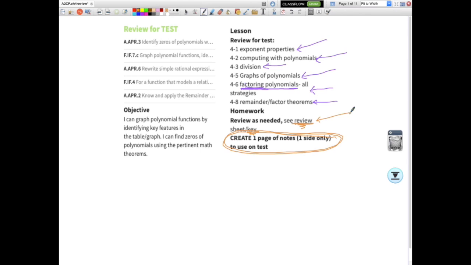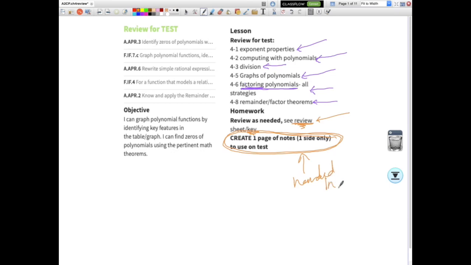Then go to the items that you maybe don't know super well or you definitely need to brush up on, and look back at your notes, look back at this video, and then make sure to add those pieces and parts into your one-sided note sheet, okay? It cannot be printed, it must be handwritten, and it cannot be anything that you found on the internet, okay? So this will have to be handed in with your test also.